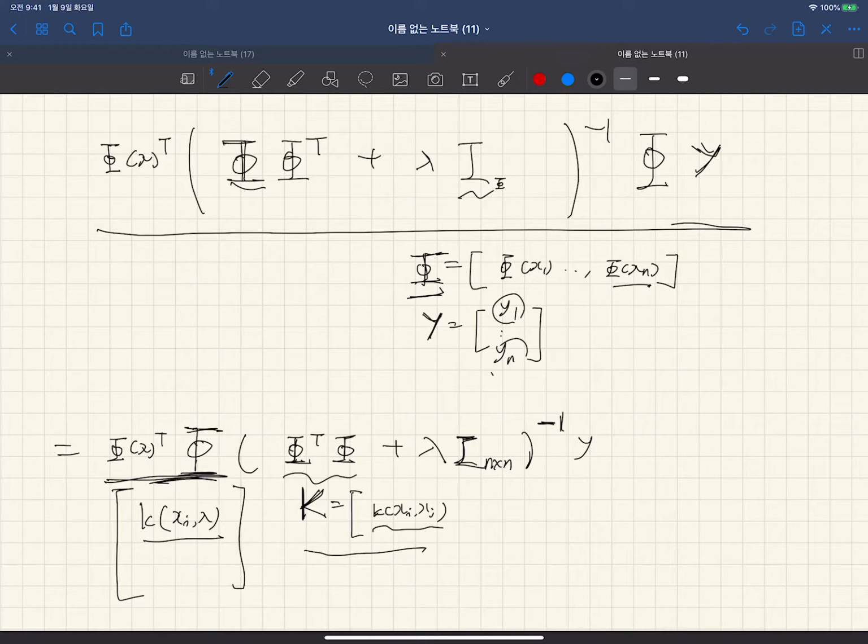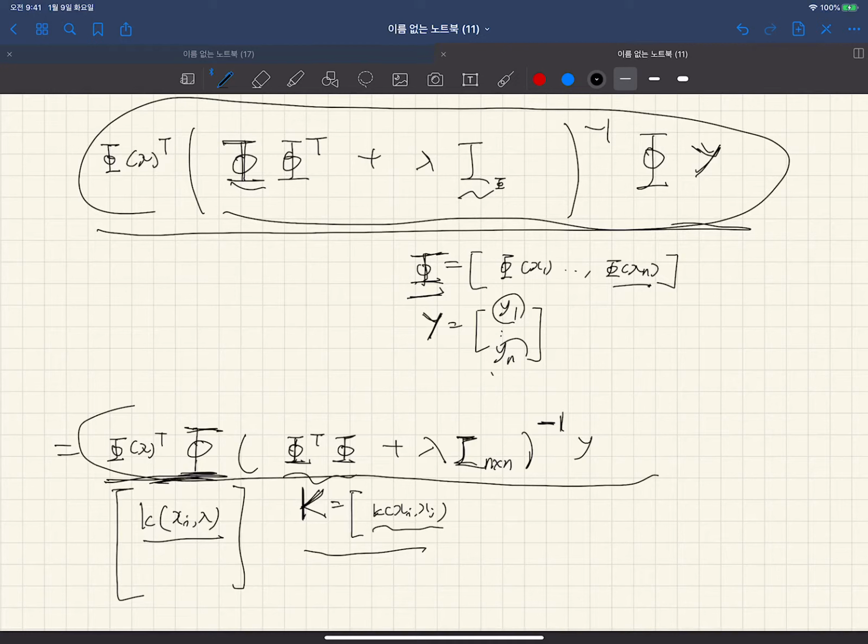Okay, and why is this and this the same? So essentially, to understand this easily, you have to understand the singular value decomposition of the Phi matrix.